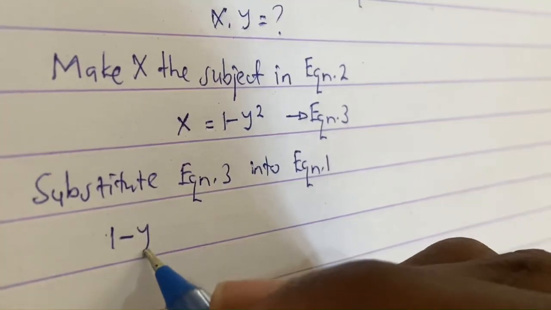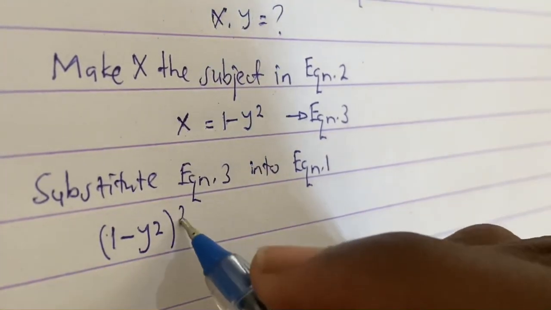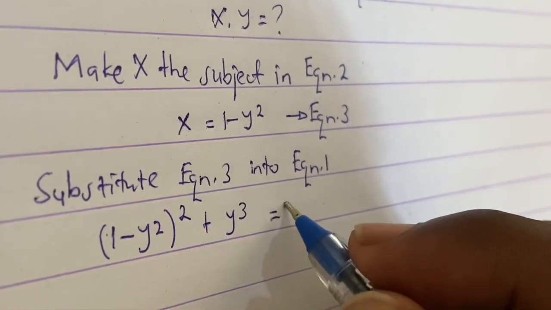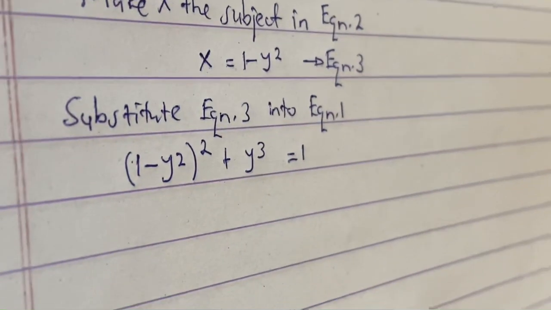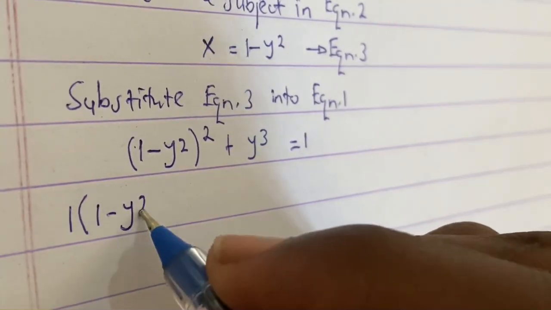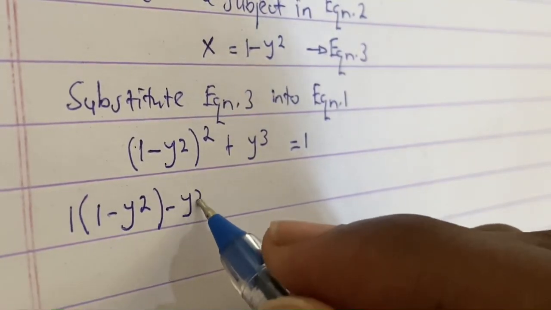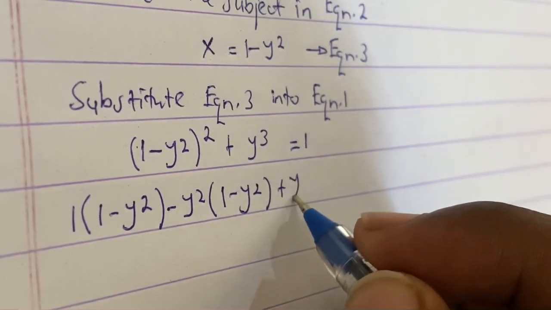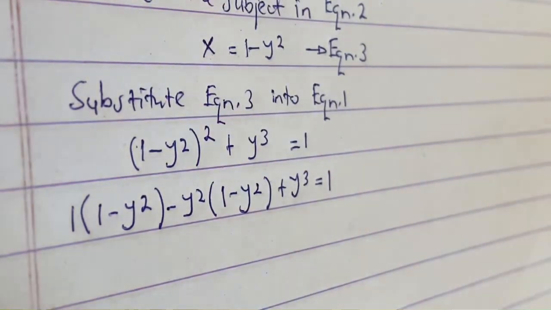So this is going to become 1 minus y squared plus y cubed is equal to 1. So this is the same as 1 minus y squared into 1 minus y squared plus y cubed is equal to 1.